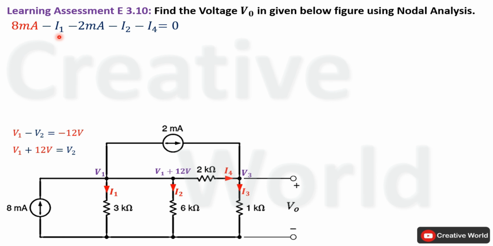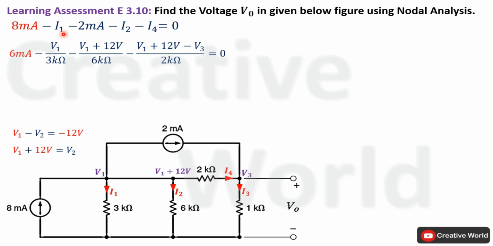Now we have to replace these currents with their respective equations. Current I1 will be equal to voltage across this 3 kilo ohm resistance V1 divided by the value of resistance 3 kilo ohm. Similarly, current I2 will be equal to V1 plus 12 volt that is appearing across this 6 kilo ohm resistance divided by the value of resistance 6 kilo ohm.